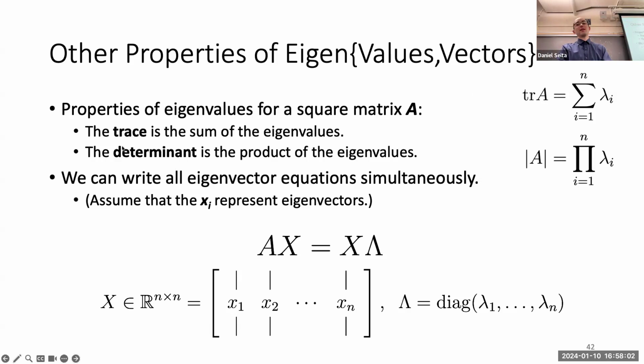And the determinant is the product of the eigenvalues. Again, we had that nasty formula for 3x3 matrices, which becomes worse for 4x4. If you want a simpler way to compute it, just multiply the eigenvalues.